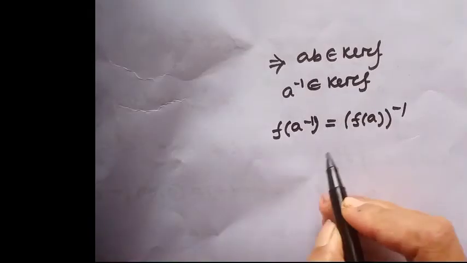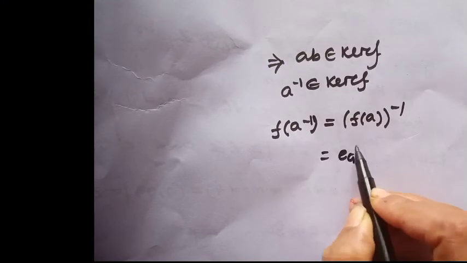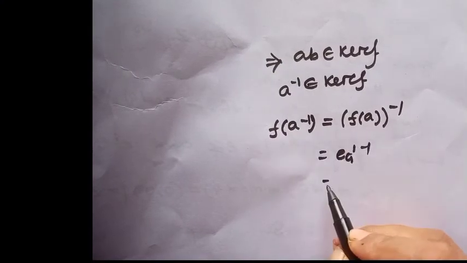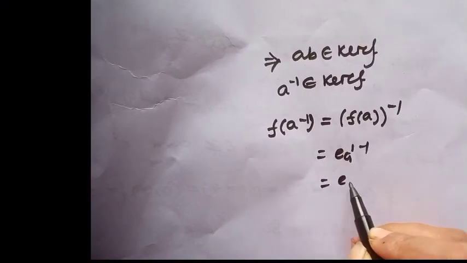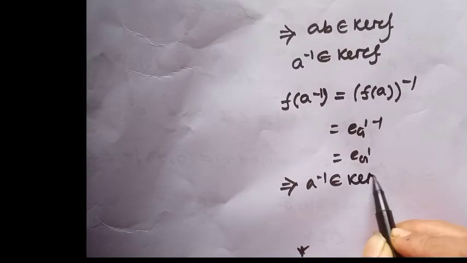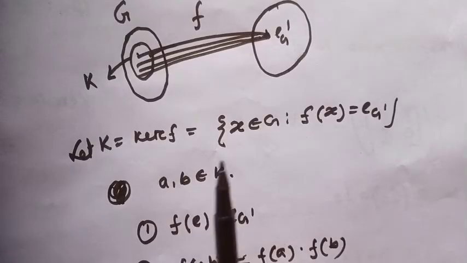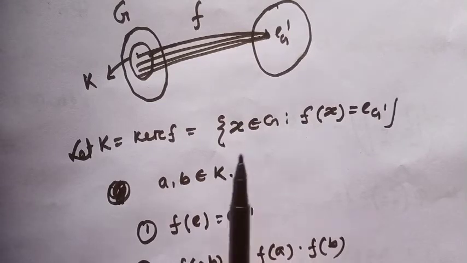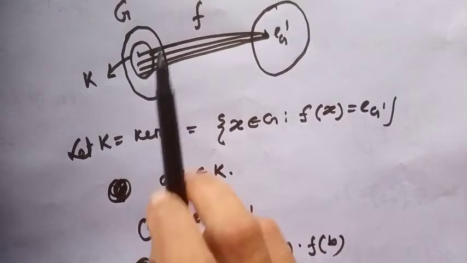Which is the same as e z dash inverse, and this is also equal to e z dash. That implies a inverse is a member of the kernel of f. Okay, so our proof is done: the kernel of f is a subgroup of the group G.